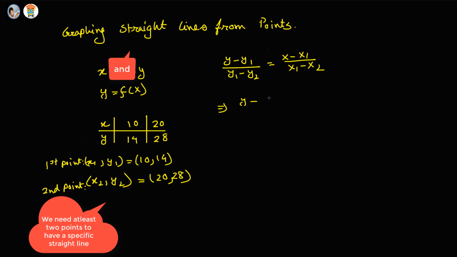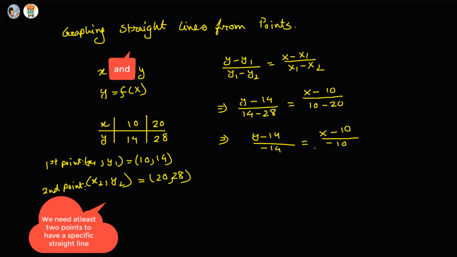Y minus y1 is 14. 14 minus 28 is equal to x minus 10 and 10 minus 20. So here we have y minus 14 divided by minus 14 is equal to x minus 10 divided by minus 10.